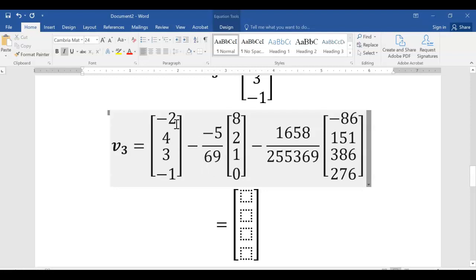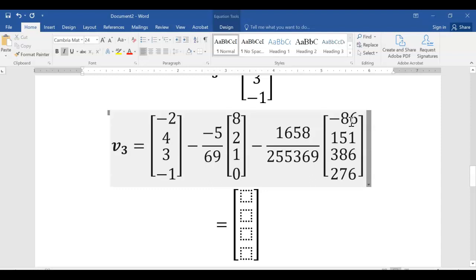When I project x3 onto V2, -2 times -86 plus 4 times 151 plus 3 times 386 minus 1 times 276, what I ended up with is 1,658.